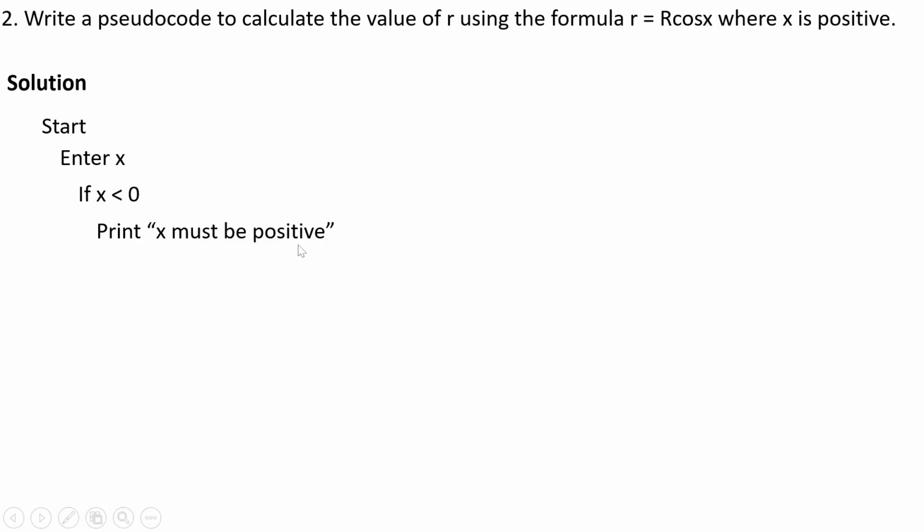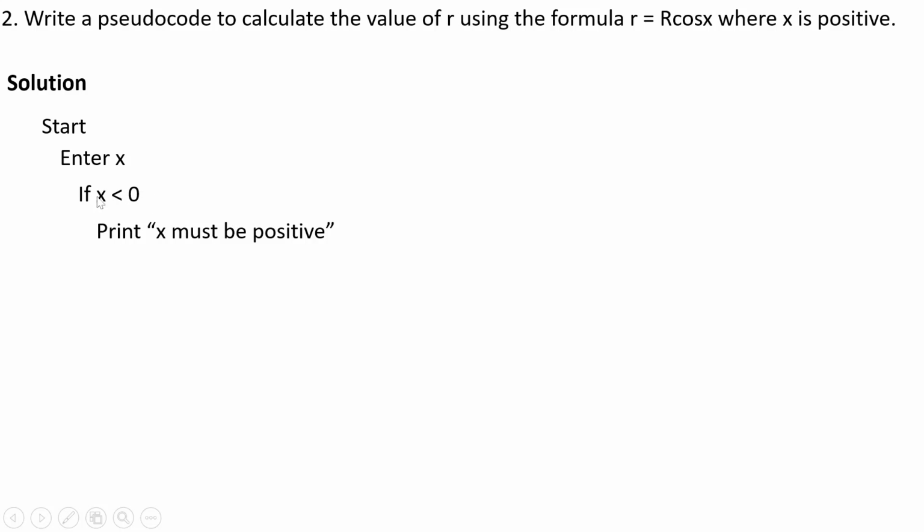Now, why should you say print x must be positive? Because if they are saying x is less than 0, meaning x is a number which is below 0.